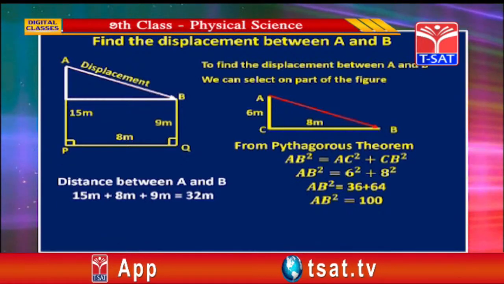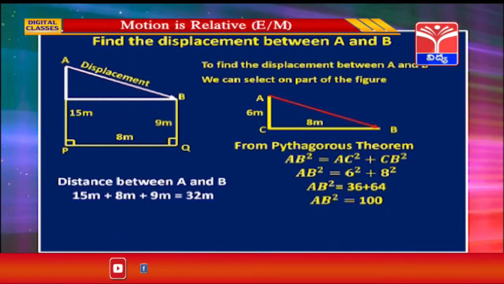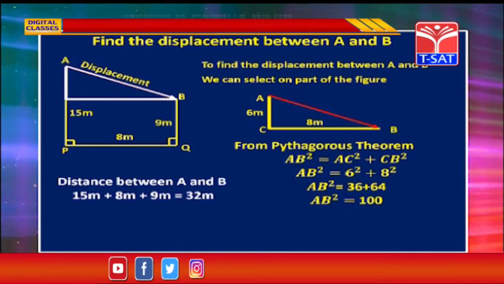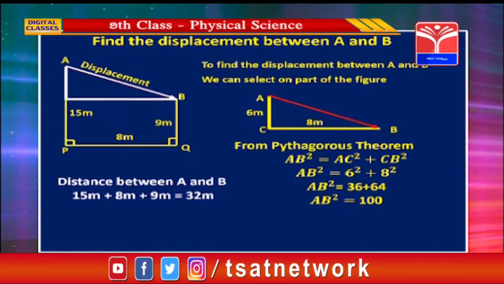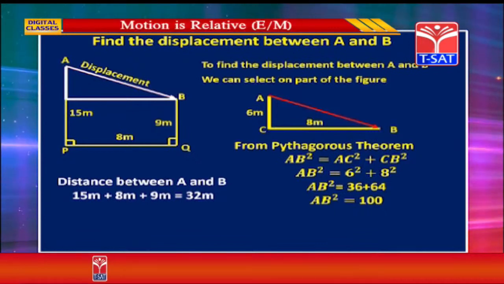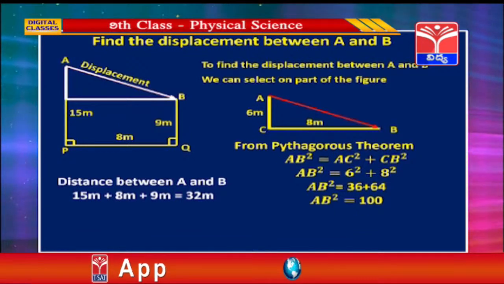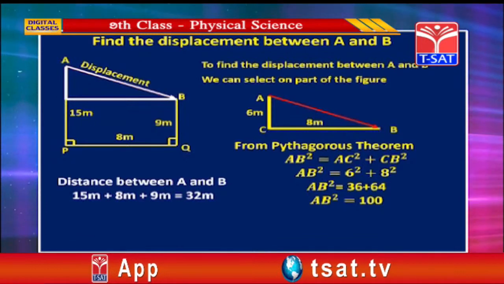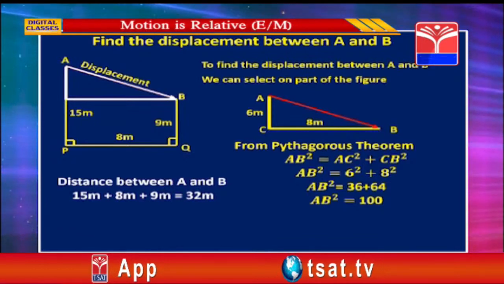By geometry, we can find that AC is 6 meters, CB is 8 meters. Hence, by using Pythagoras theorem, AB square is equal to AC square plus CB square.